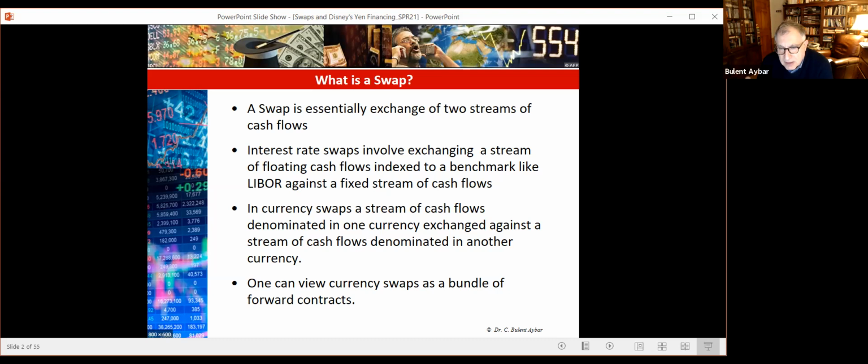Therefore, we can see this as a series of forward contracts. In currency swaps, it is also possible to exchange a floating stream of cash flows in one currency against a fixed stream of cash flows in another currency. We call these types of swaps cross-currency swaps.